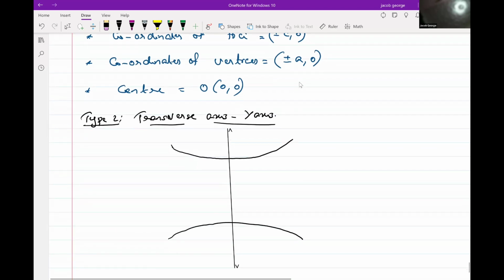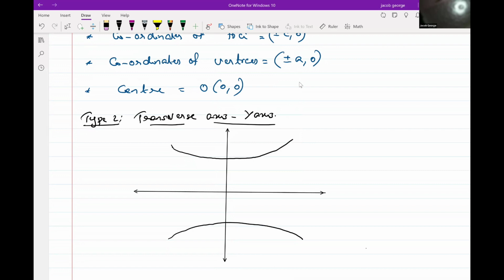So this is the y-axis. This is the transverse axis. It is y-axis. And the conjugate axis is the one which is perpendicular to the transverse. So this is the conjugate axis.